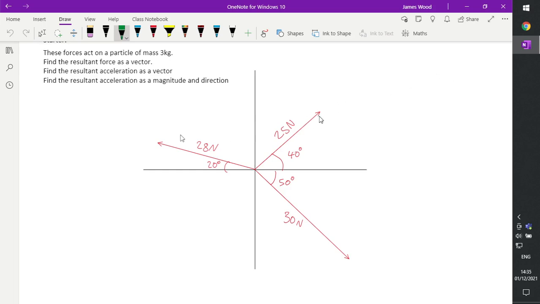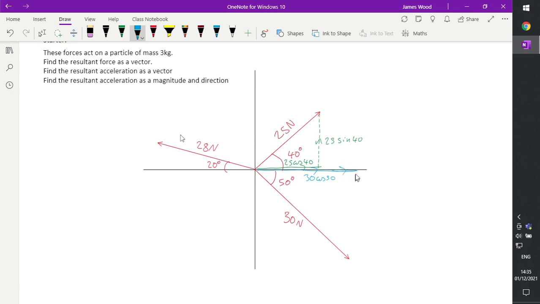So the first thing to do is split up all these forces into horizontal and vertical components. So we've got this one here, it's going to be 25 sine 40. This one here is going to be 25 cos 40. Let's pick a different colour. This component here is going to be 30 cos 50 from this force here.